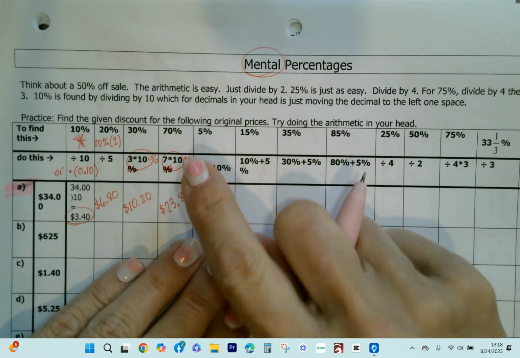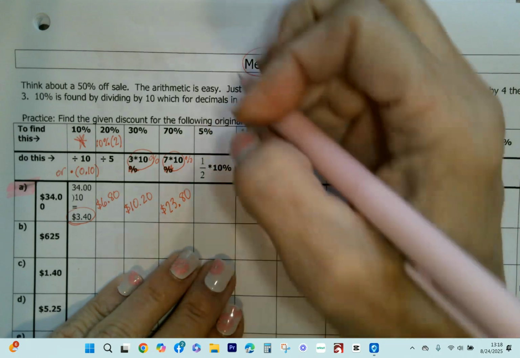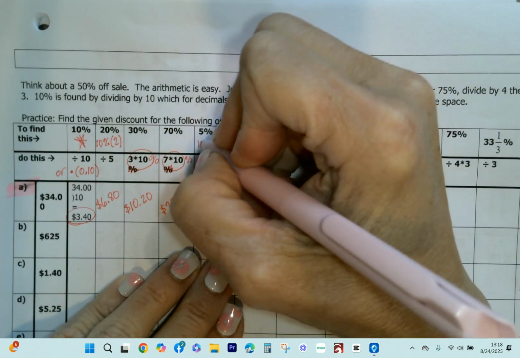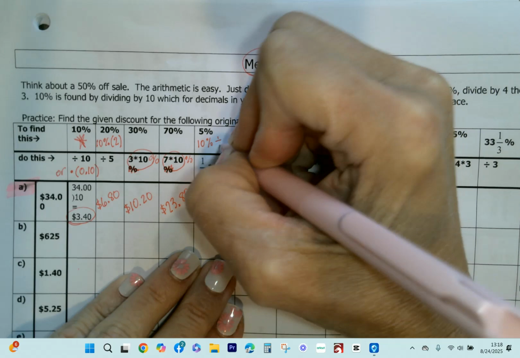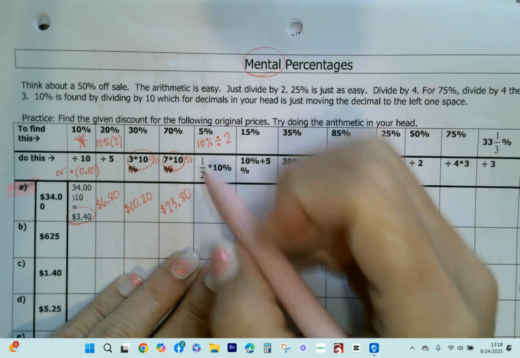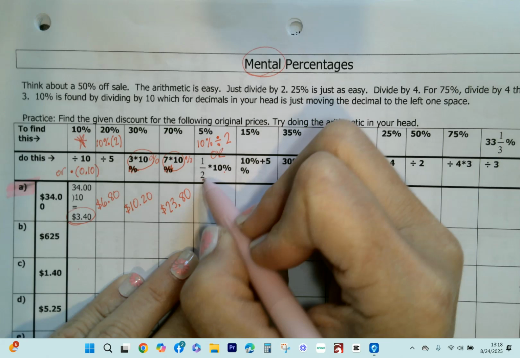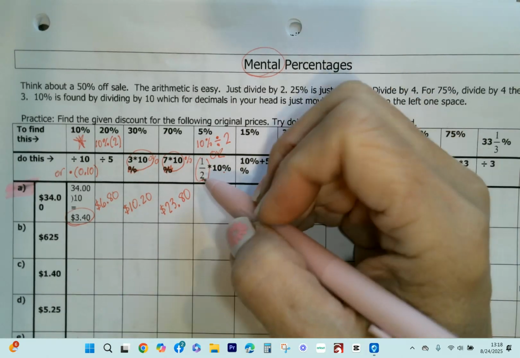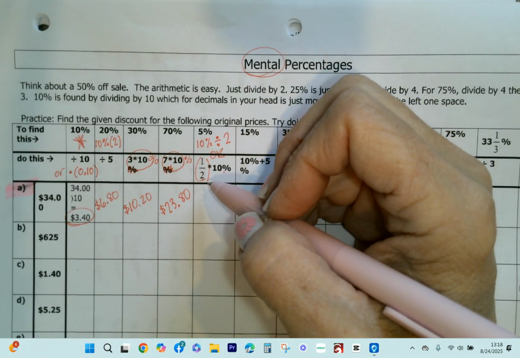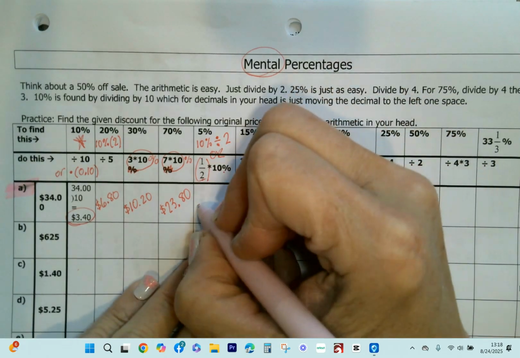Well, then in the same fashion, if I want 5%, I can take the 10% number and I can divide it by 2, or I can just multiply by 1/2. Okay, so 340, if I cut that in half, I'm going to get $1.70.